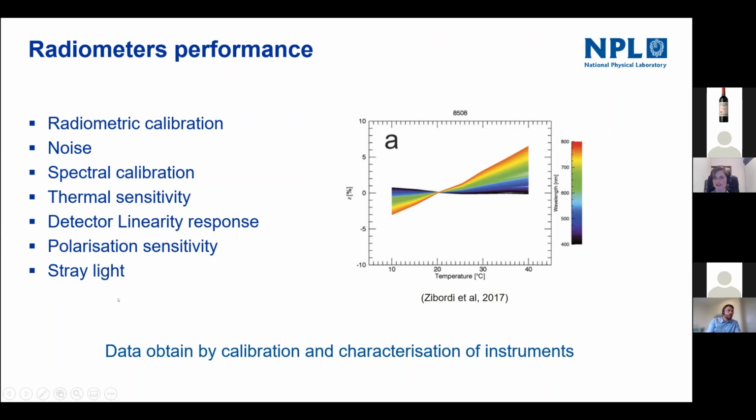We have spectral stray light in those types of instruments and detector linearity response, which really vary with the flux levels. So if we use spectrometers to have accurate measurements and estimate the uncertainty, we really recommend the full characterization of those instruments and applying correction coefficients when using them outside the laboratory conditions.